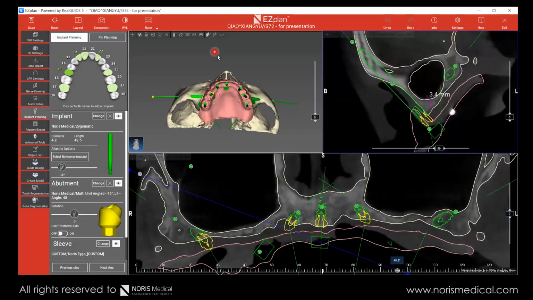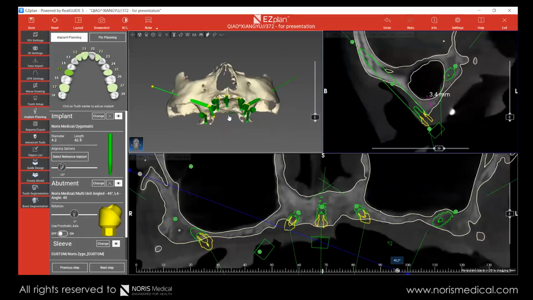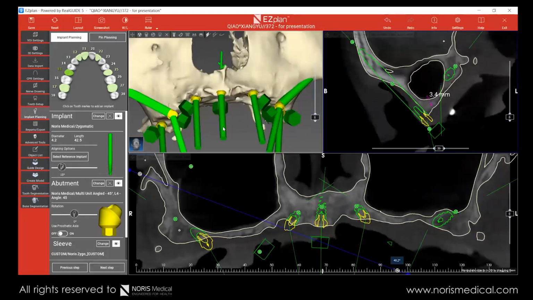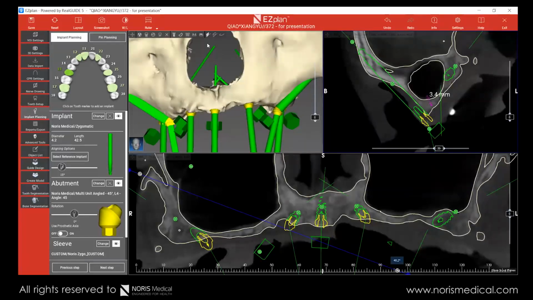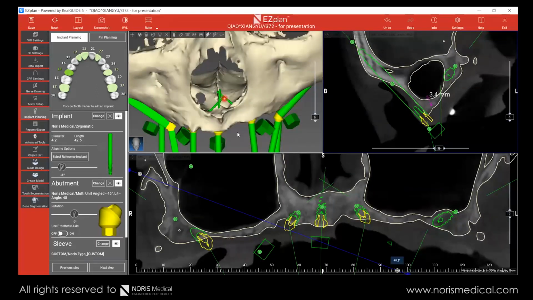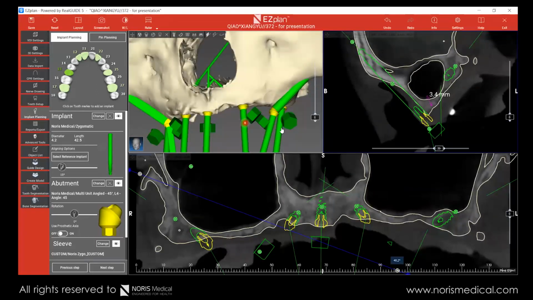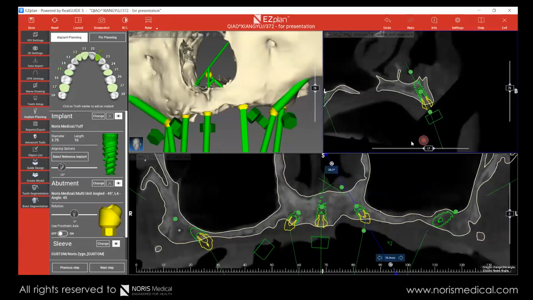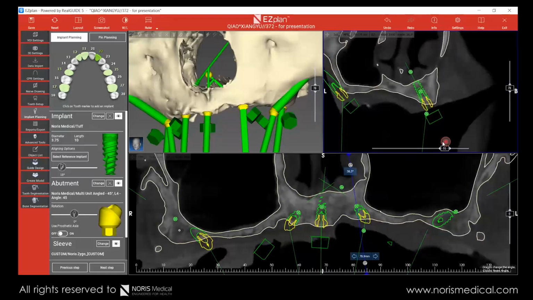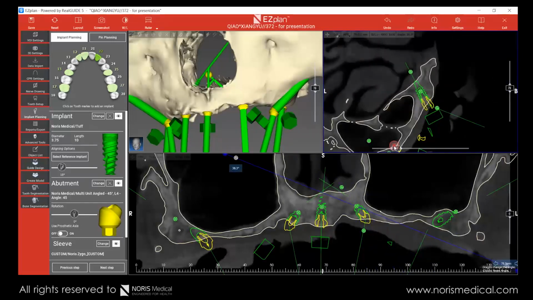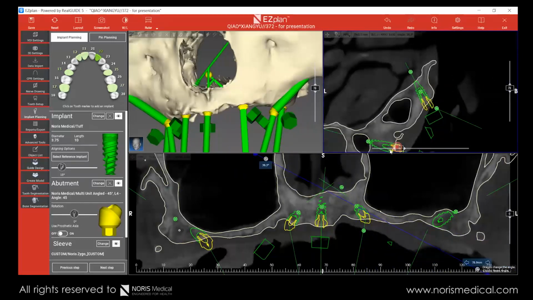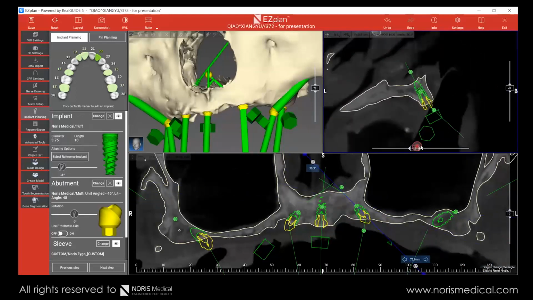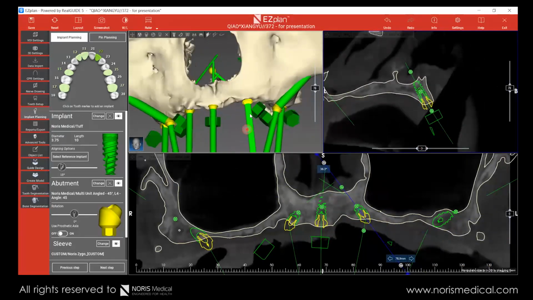Okay, so this is a typical hybrid case. Okay, we see that we have implants anteriorly, like that. Okay. We could decide to position a zygomatic implant here instead. This implant, we don't know how long it's going to live.